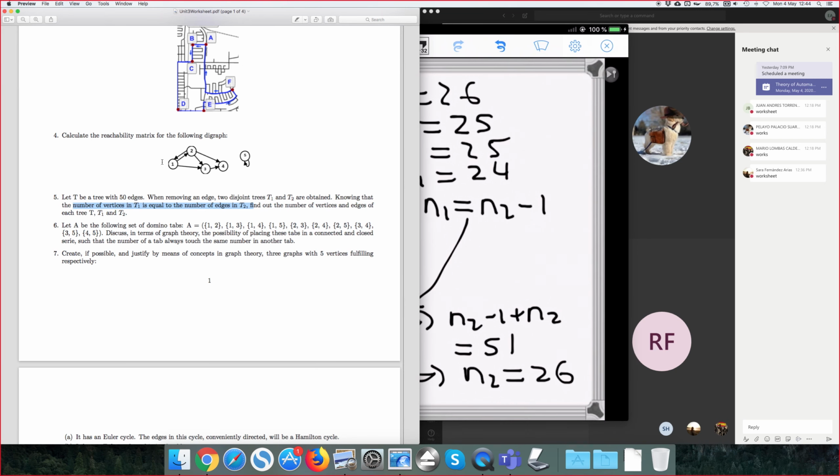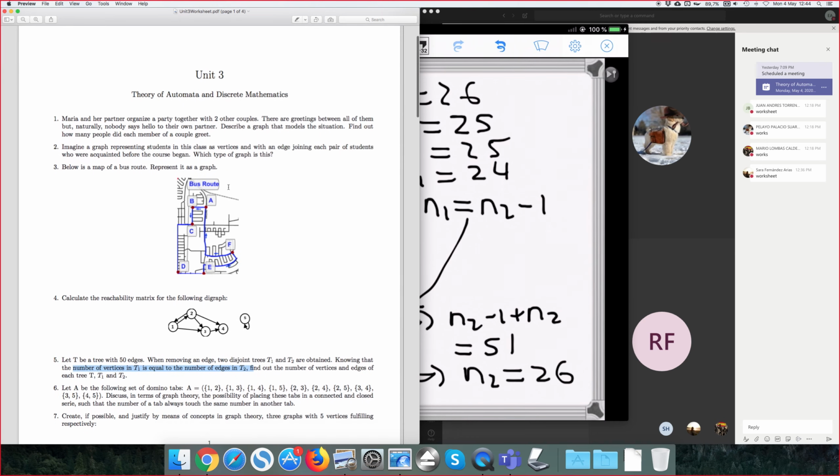Okay. So let me summarize what we have already solved in this worksheet. The first three exercises are very easy, they are just about drawing graphs. For instance here, students in a class are the vertices, and an edge joins pairs of students who were acquainted before the course.